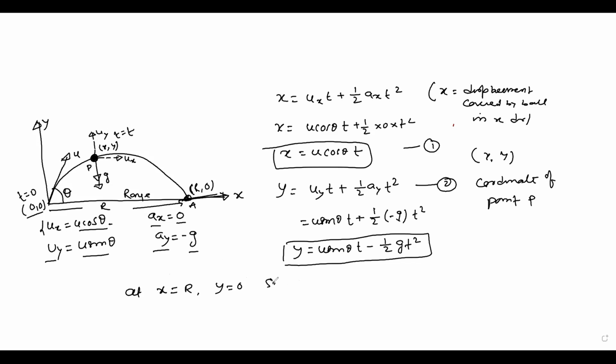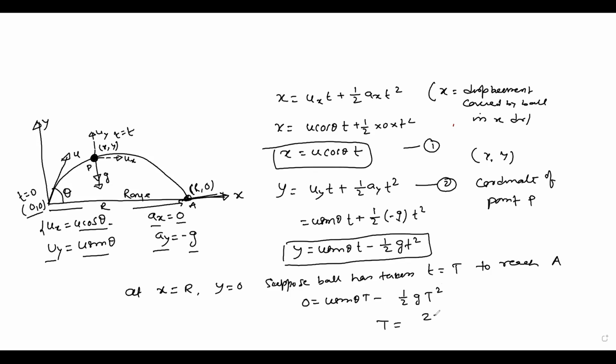Suppose the ball has taken t equal to t to reach A. So we may write 0 equal to u sin theta into t minus half g t square. So t equal to 2u sin theta by g. This is the time of flight.